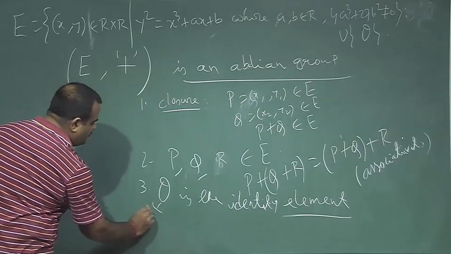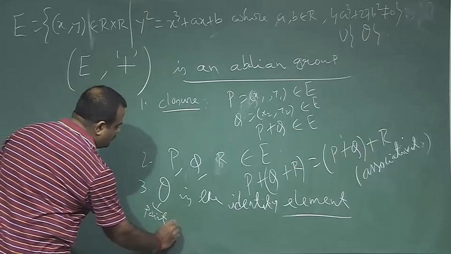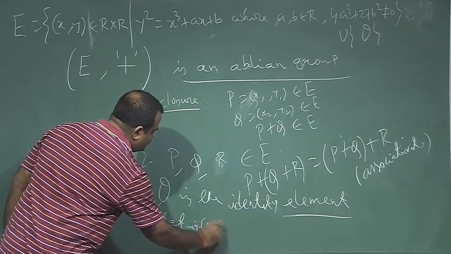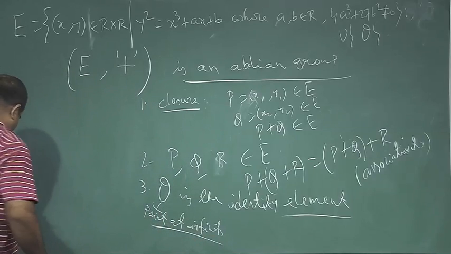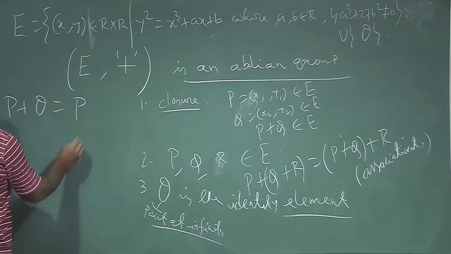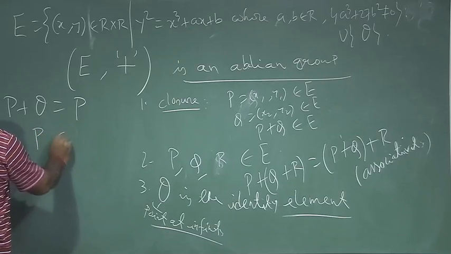This is the point at infinity. So, this serves as an identity element, that means P plus this is P, and this is true for all P belonging to E.